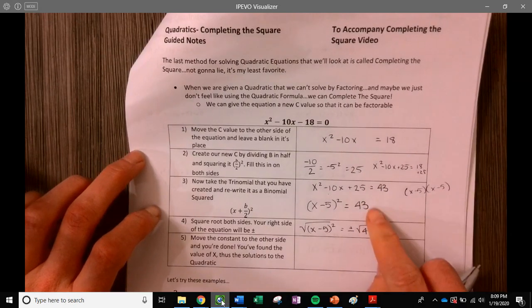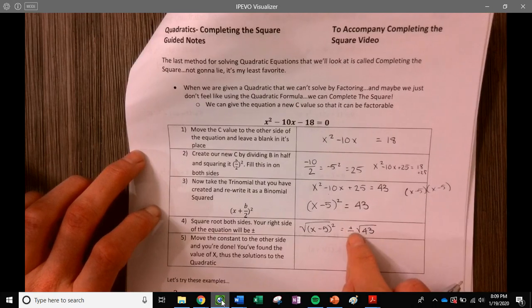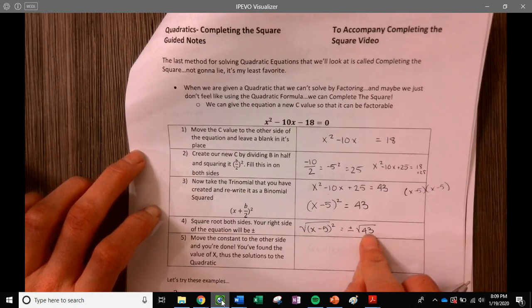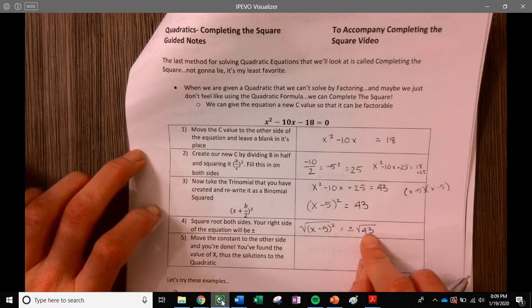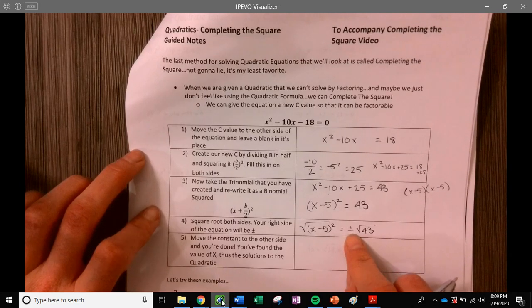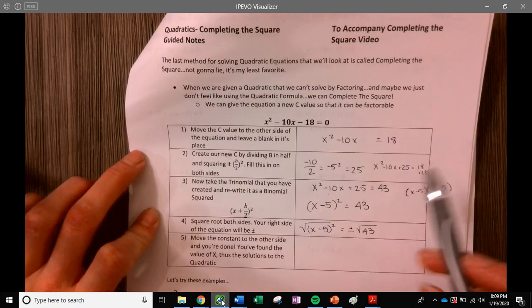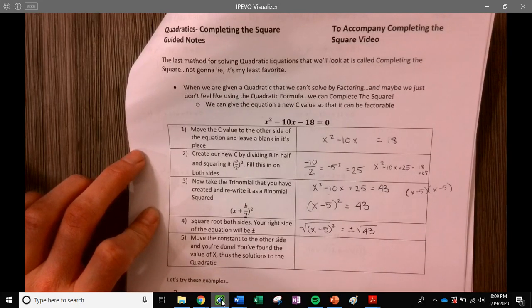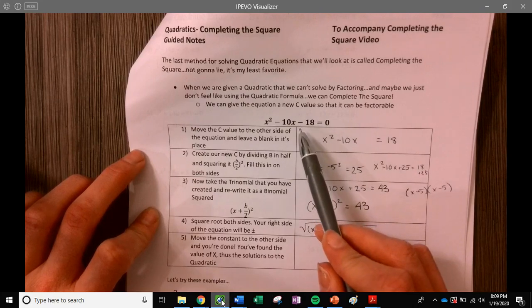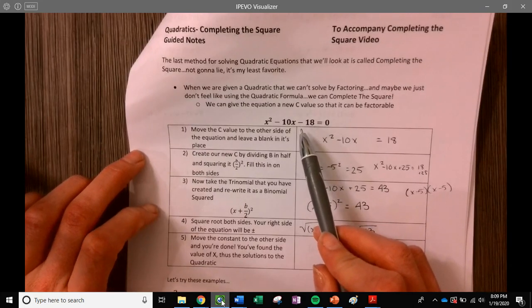When we're square rooting a number like this, we're going to write a plus and a minus in front of it because there are going to be two solutions here, right? We're dealing with a quadratic, so we know we're going to have at the most two solutions, and one will be positive and one will be negative. Now remember, when we're talking about solving equations, if I wanted to move my negative 18 to the other side, I did so using the inverse operation.